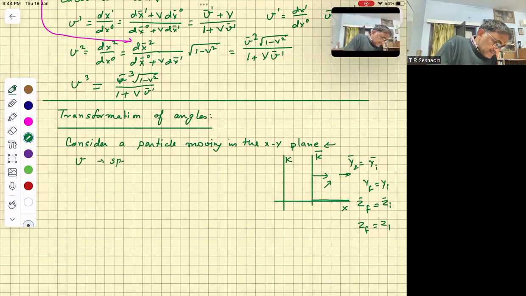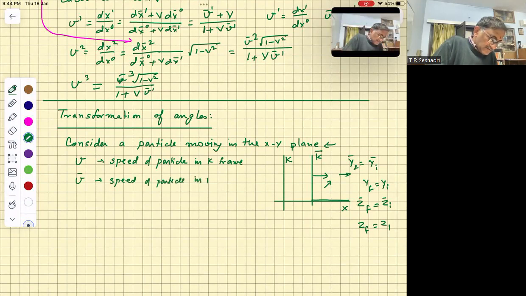Suppose v is the speed of the particle, mind it, I have said speed, not velocity, in the K frame, and v bar is the speed of the particle in the K bar frame. Then v1 is equal to v cos theta, where theta is the angle made with the x-axis, or theta bar, depending on which frame I am in.